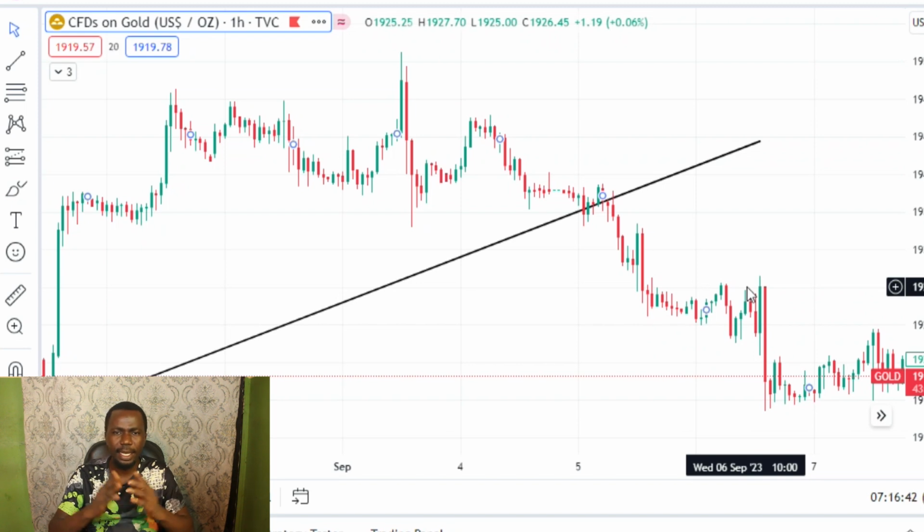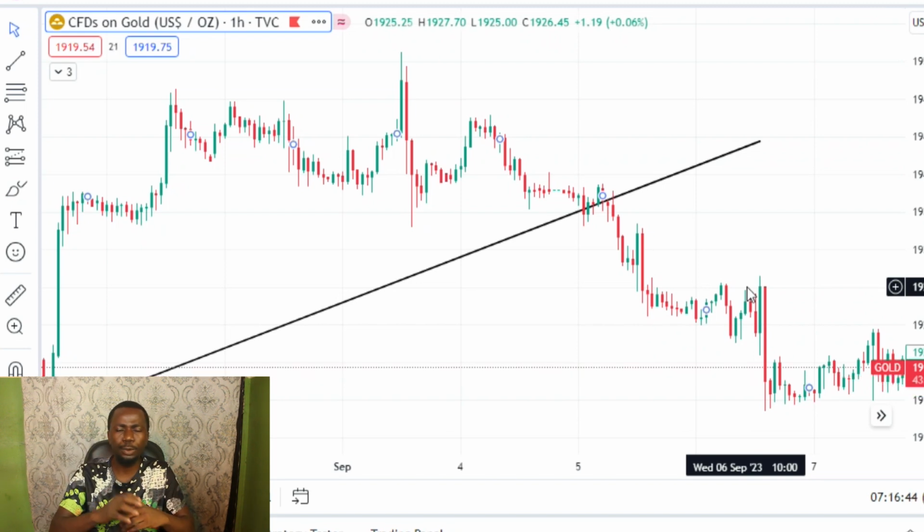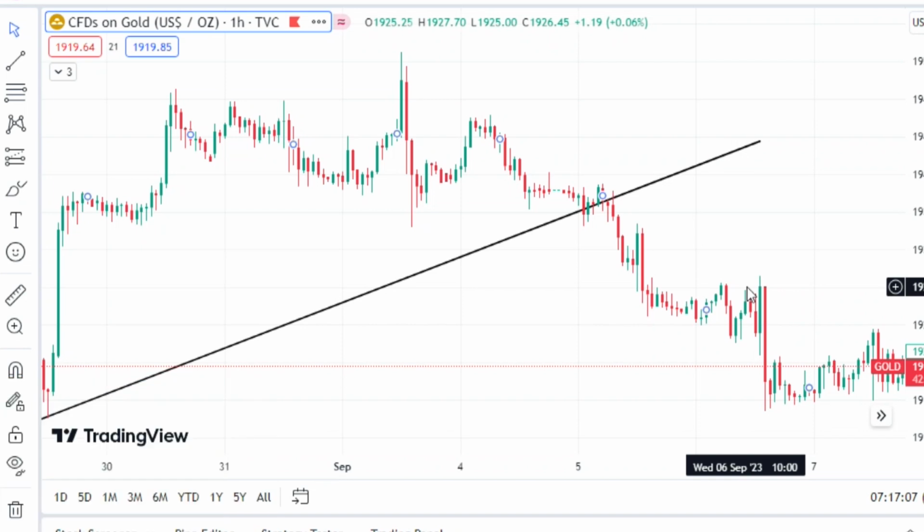But if eventually the price breaks through the trend line, you know that the trend has changed direction. So you are expected to close all your sell positions and open a new buy position, because once the trend line is broken, it tells you that the trend has changed direction. So you are meant to trade only in the direction of the trend.